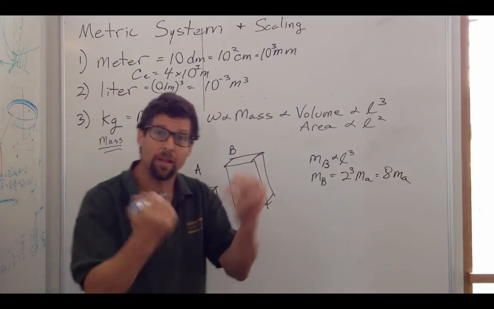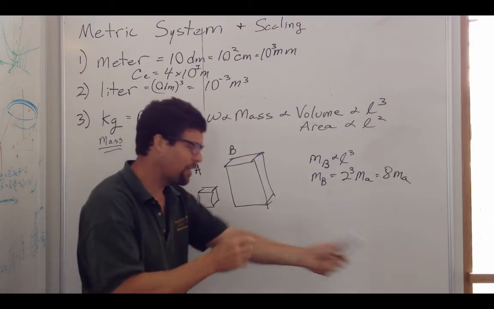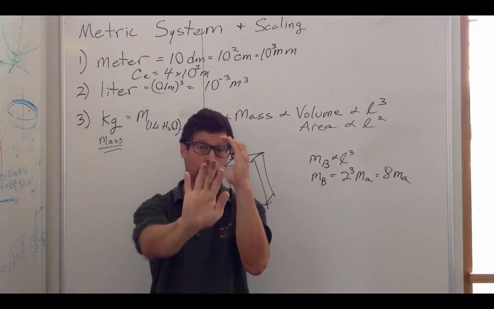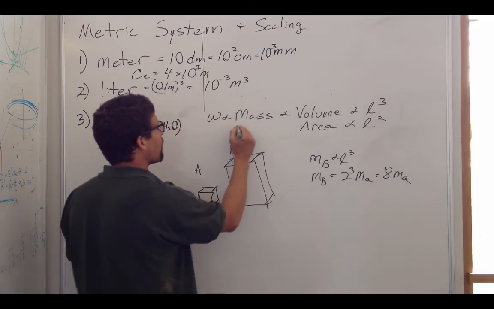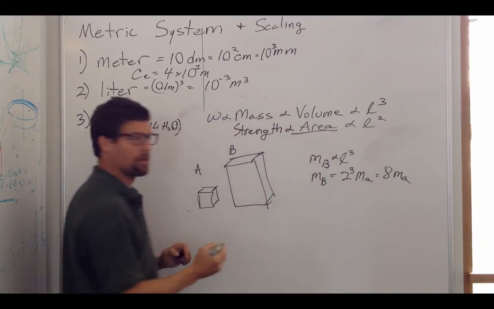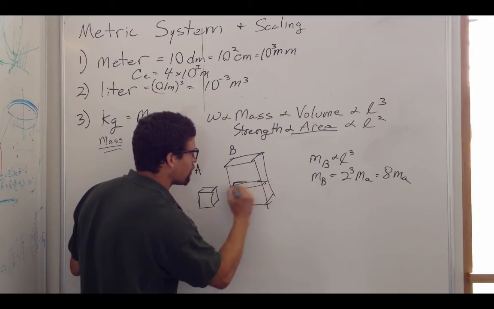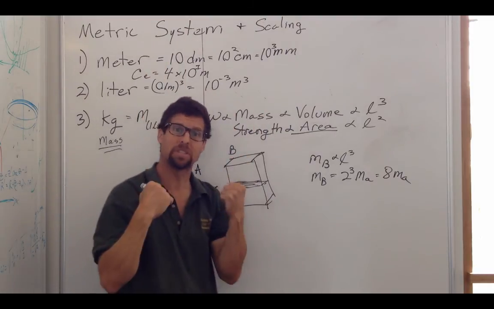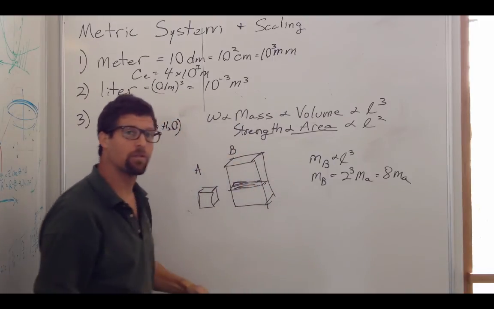But how about the strength? Is the strength also proportional to 8 times? And it's not, because the strength of our arms is proportional to, if you chop the muscle, the cross-sectional surface area of that muscle, which is proportional to the number of muscle fibers. So strength is proportional to the area, right? And when we talk about the area, we mean the area of this surface. So this can be the area of muscle fibers that are contracting to do pull-ups, or the area of bone that are supporting the structure against the force of gravity.